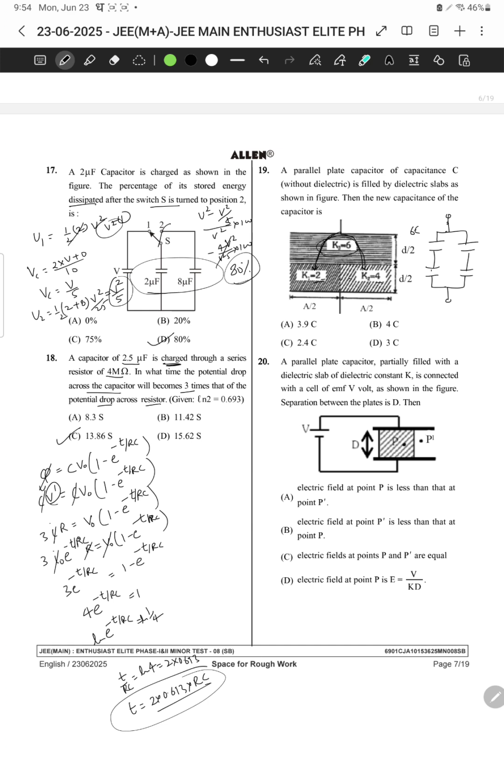So 6 epsilon naught A by 2 by D by 2. I'll just divide these two like this. Visualize. Now we can easily say that the charge flowing through this part of the capacitor will be the same, and the charge on this one will be the same. Earlier, when this capacitor was there, we could not say that.